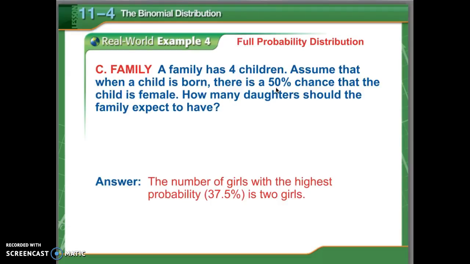Therefore, they should expect to have 2 girls. The number of girls with the highest probability is 2 girls, so the answer is 2. You can figure out that it's 2 by looking at the highest probability event. Or you just use the formula, which is n times p, n being 4, p being 0.5. Half of 4 is 2. So the answer is 2. They should expect to have 2 girls.